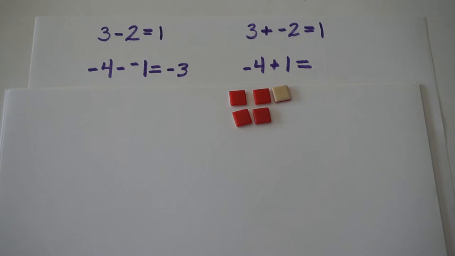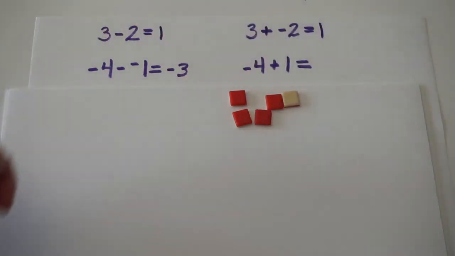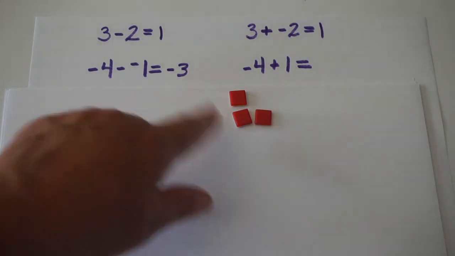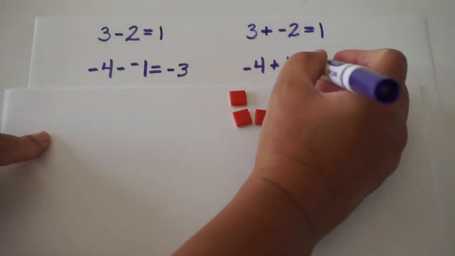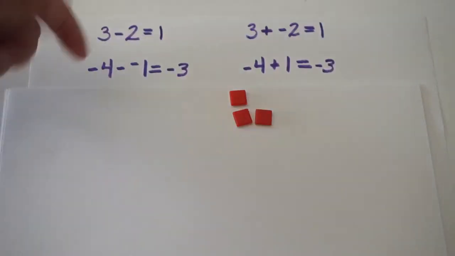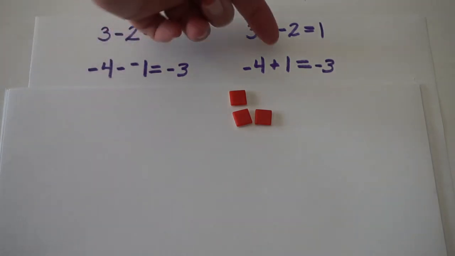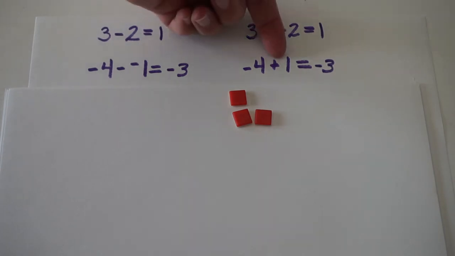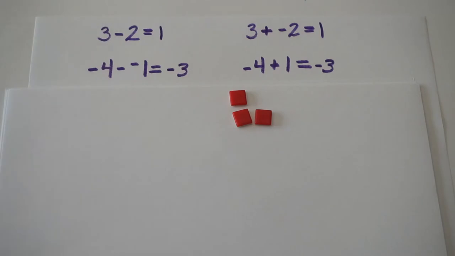Well, when I do the push together, I notice that I get a zero pair up here. So that's going to zero out and may be removed. And what we have left is 3 negatives, or negative 3. So minus a negative number is the same as plus a positive. Minus turned into plus, and a negative 1 turned into a positive 1.